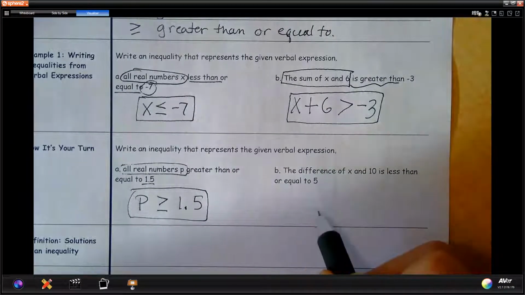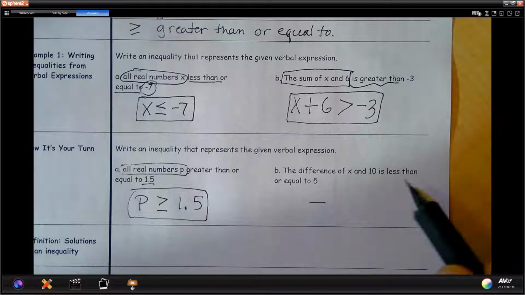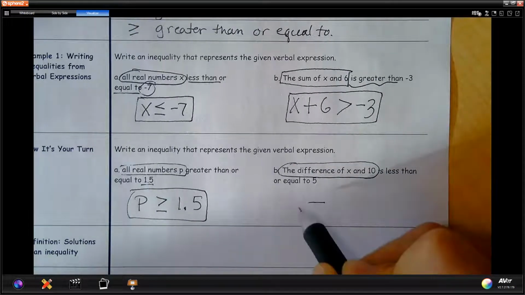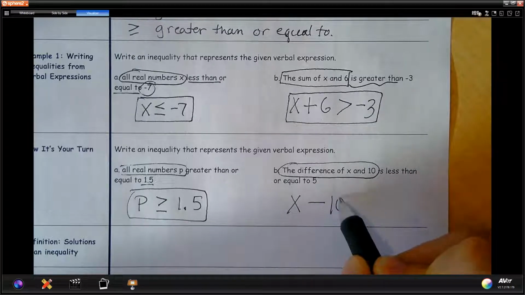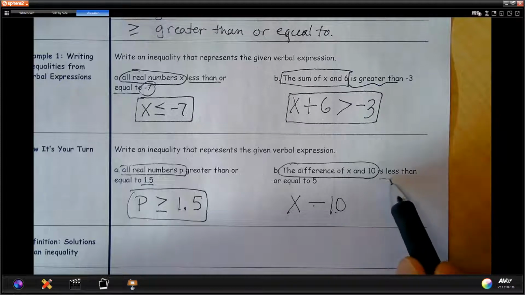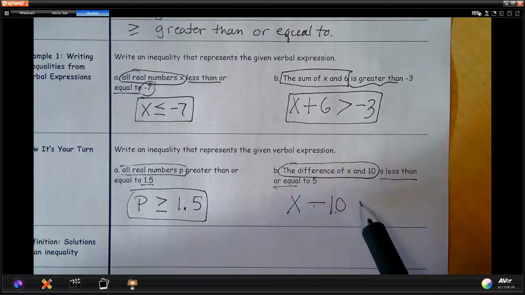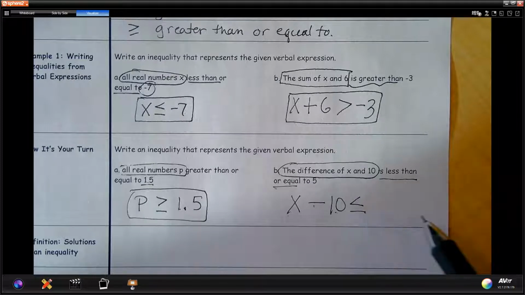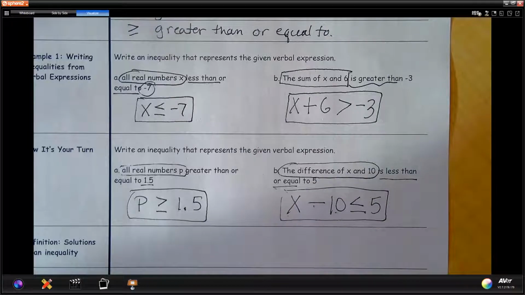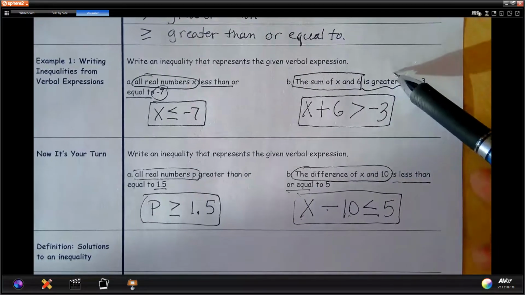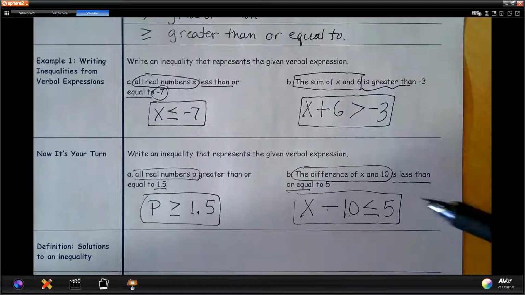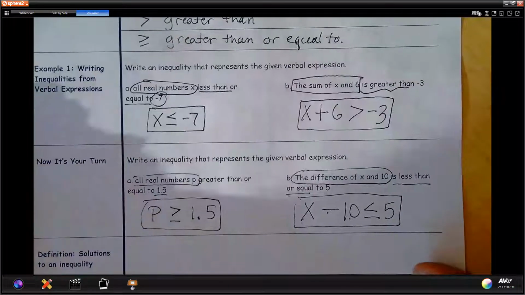In math, the word difference is a subtraction problem. So the difference of x and 10 would be x minus 10, is less than or equal to 5. And that's it. So translating a verbal expression into an inequality just means you take the words and you write an inequality out of it. Piece of cake.